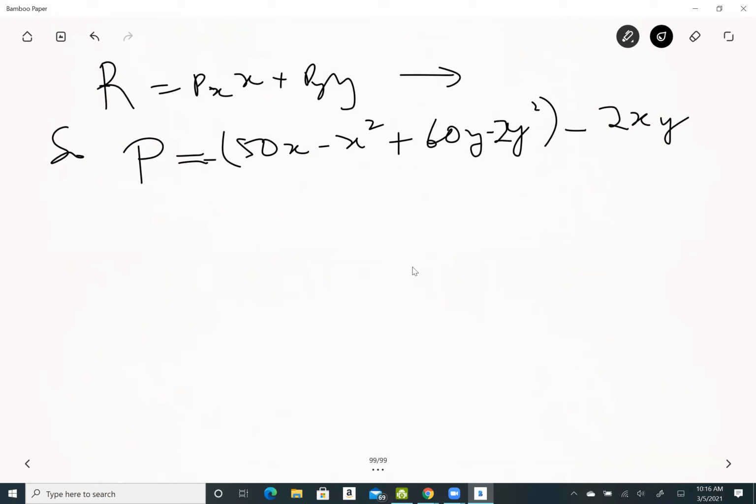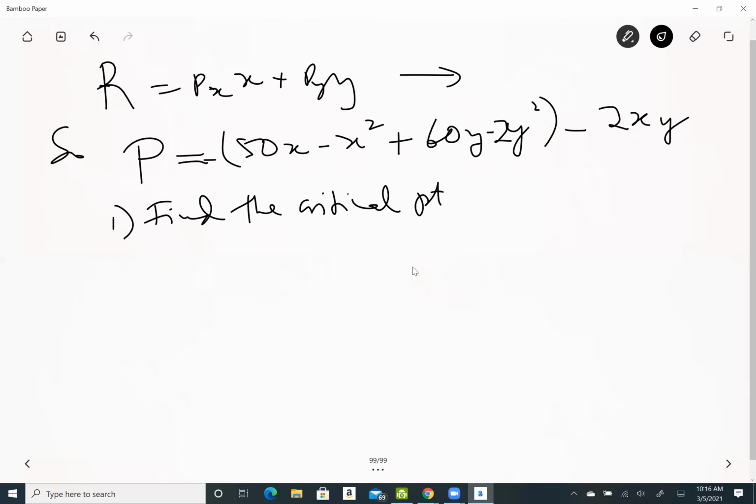So number one, we find critical points. Now, what is the condition for critical point? Fx equal to 0, Fy equal to 0. So here, Px equal to 0, Py equal to 0.